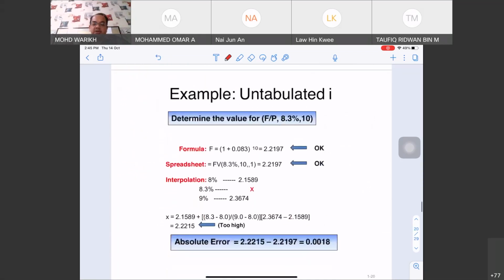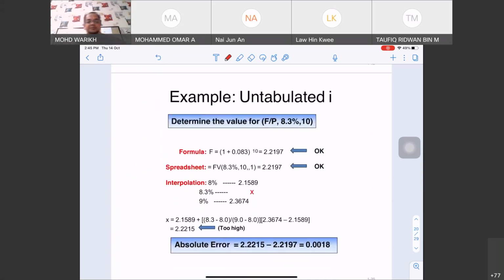Right, so we give you the example here. Determine the value for F over P, 8%, 10.